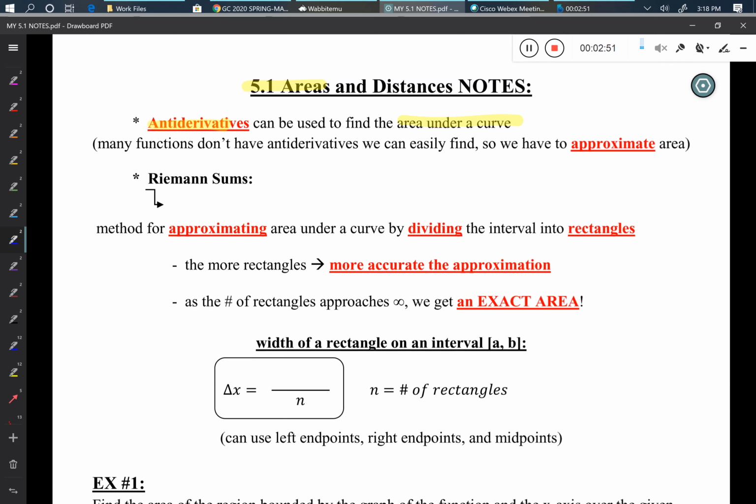So we are going to take the limit as the approximations get better and better until that approximation turns into the exact value.